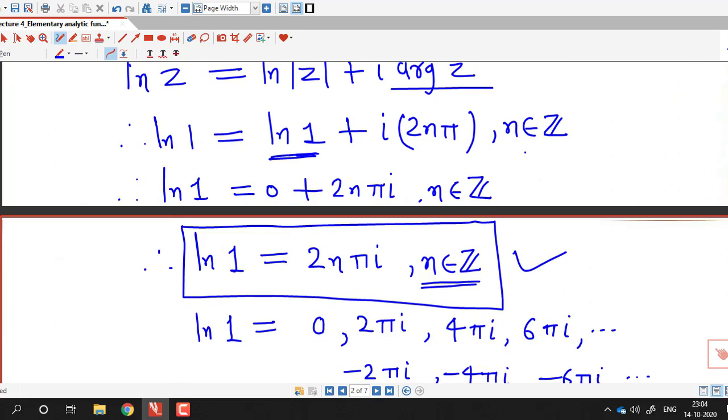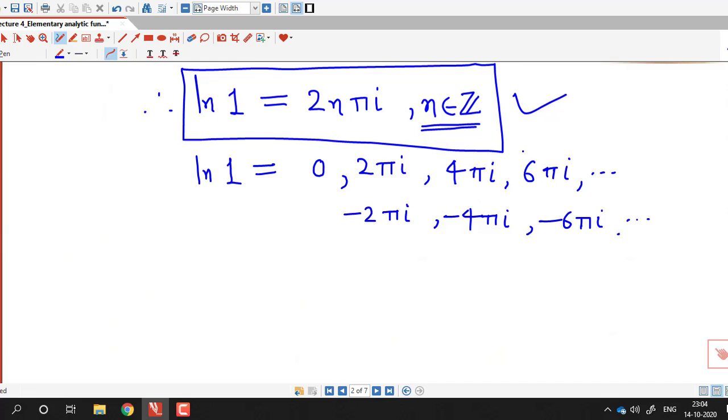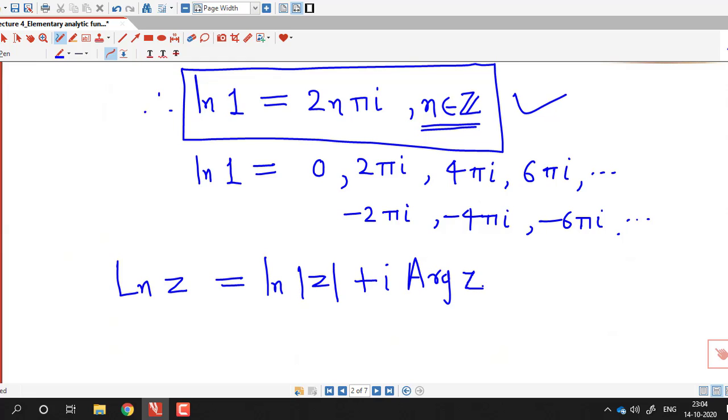If we want to write down the principal value of the logarithm of 1, then it is ln mod z plus i into the principal value of argument of z. Here z is 1, so it is ln mod 1 plus i into the principal argument of 1.